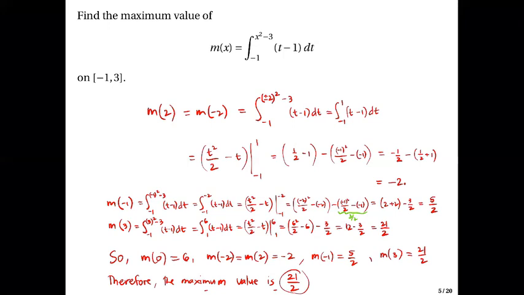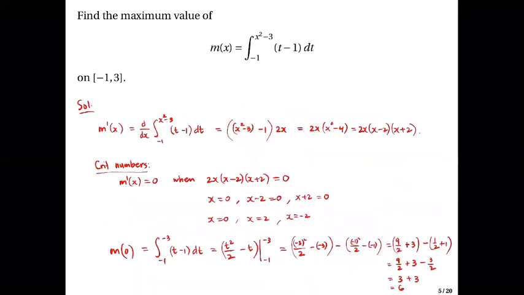Yes, you can think of -1 and 3 as critical points. Some students think of them as critical points also, but technically speaking, they are not critical points. Critical points are the solutions to the derivative equals 0.